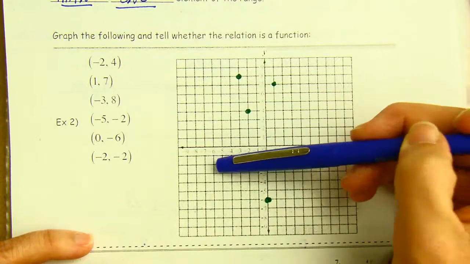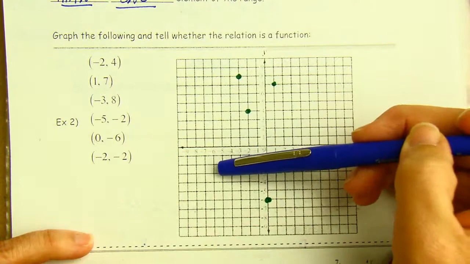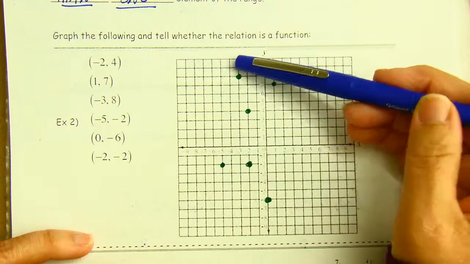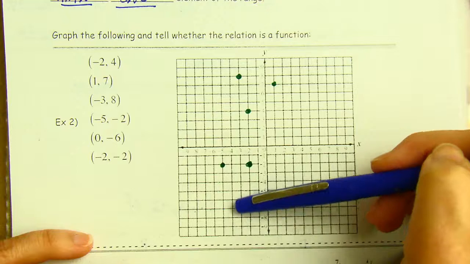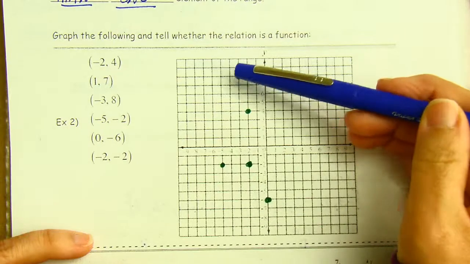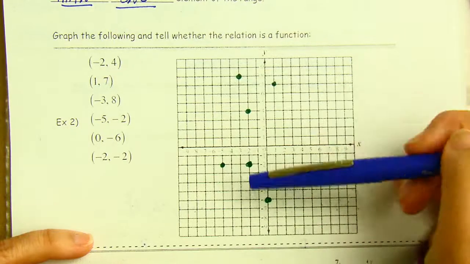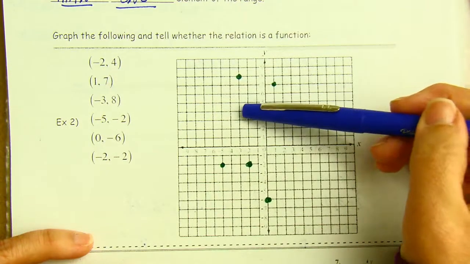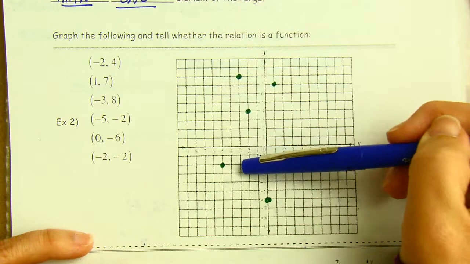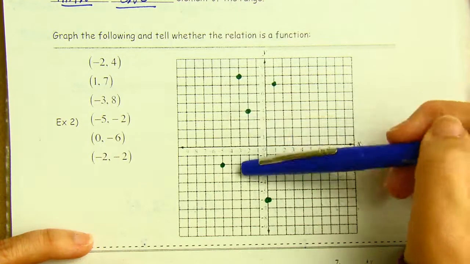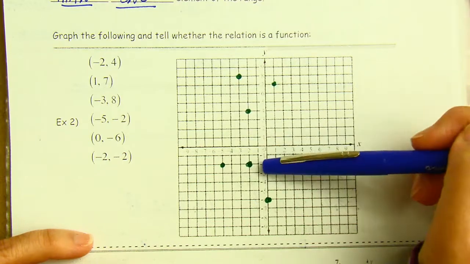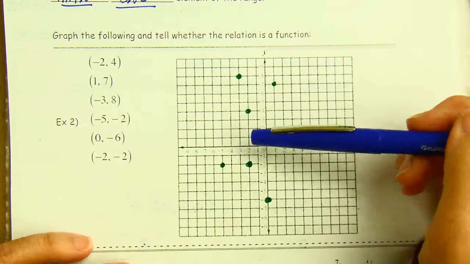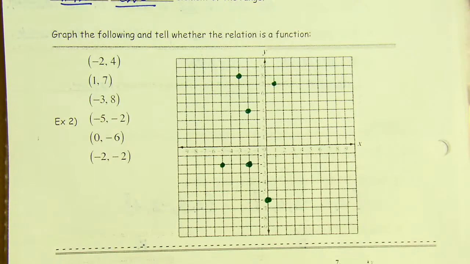Only one element of the set of ordered pairs would be on that line. If I go here, only one element would be on that vertical line. If I bump here to this ordered pair, I notice that, oops, I've got two. So this is the same x value, -2, being paired with two different y values, -2 and +4. This is not a function.